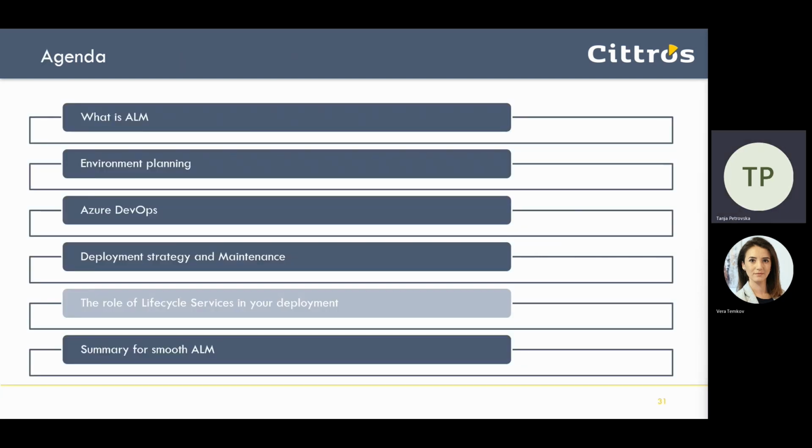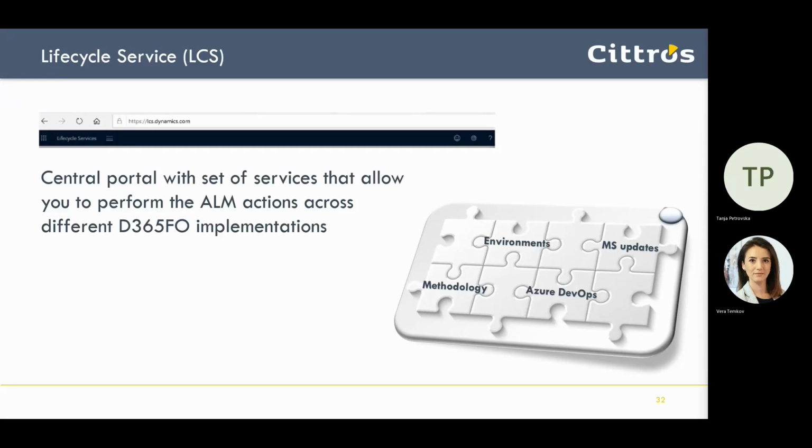Now that we have covered the deployment strategy and maintenance, let's talk about the role of Lifecycle Services in supporting your deployment process. Lifecycle Services is a central portal with a set of services that allow you to perform the ALM actions across different D365 F&O implementations.